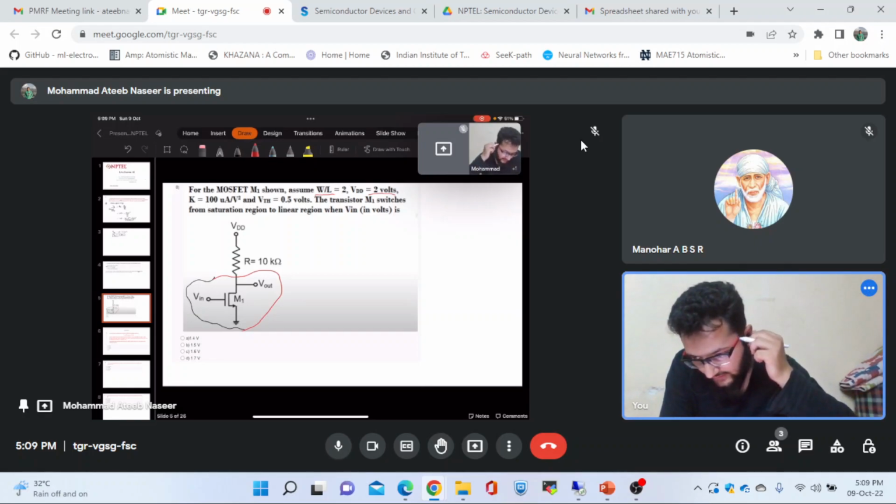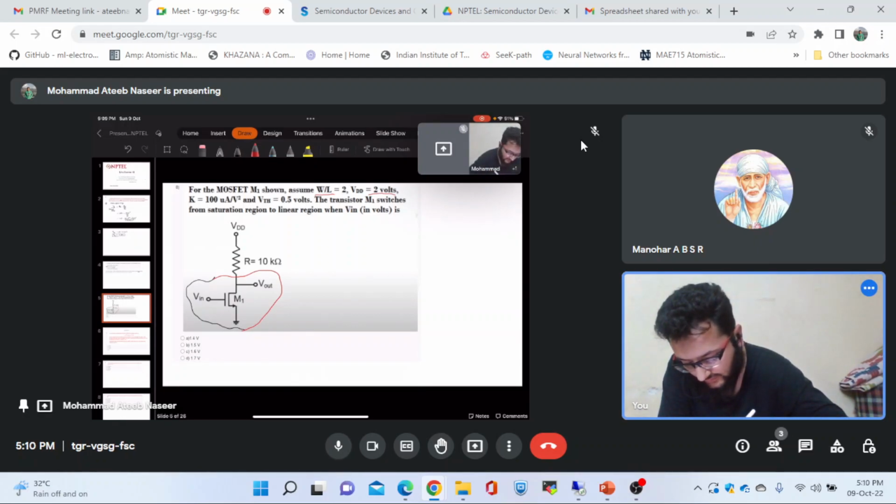Now this K is also given to be equal to 100, where this K is mu n Cox. And we have been given the threshold voltage, which is given to be equal to 0.5 volts.